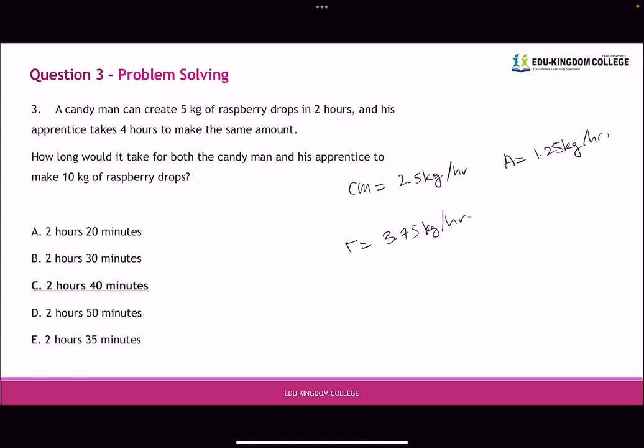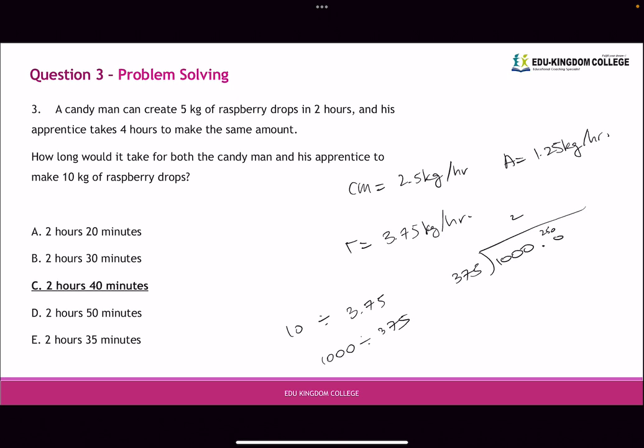Now, how long is it going to take them to make 10 kilograms? If you do the maths, it's 10 divided by 3.75. When I do long division, I don't want decimals in there, so I'm going to multiply both by 100. That's the same as 1,000 divided by 375, which makes my life easier when I long divide. 375 goes into 1,000 twice, leaving a remainder of 250.